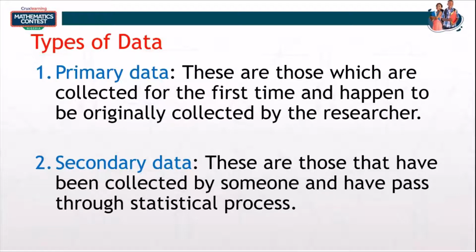Secondary data, when someone else has collected it and used it and then you're copying from it. Okay, so that is referred to as secondary data. You're not forbidden to use it, but you are not the original person that has collected the data. So whenever you're working on already made information, already collected data, it is referred to as secondary data.